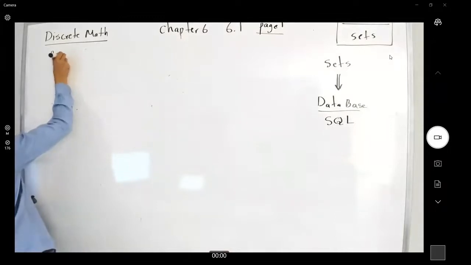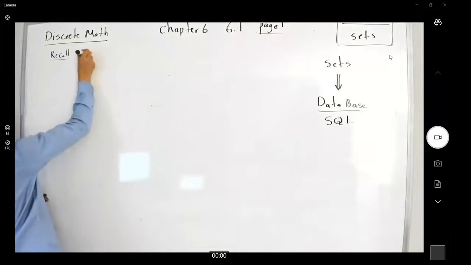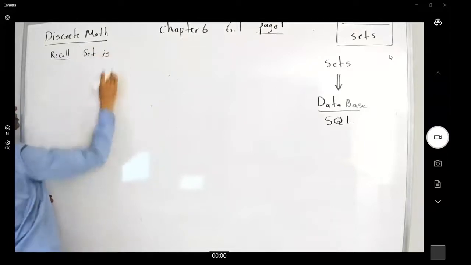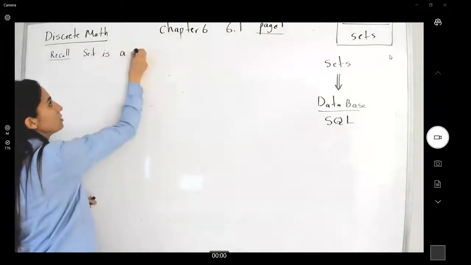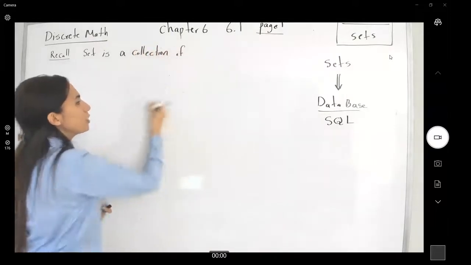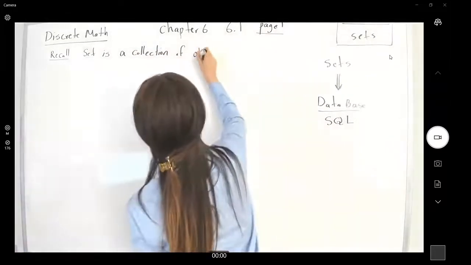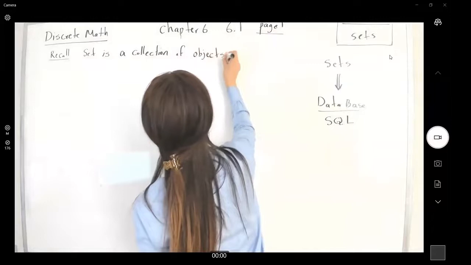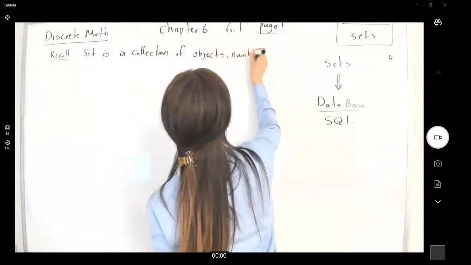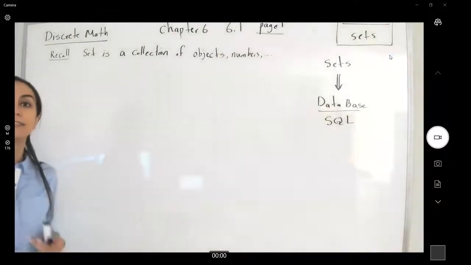Recall that a set is a collection of objects, of numbers, you name it. That's how we define sets in general.